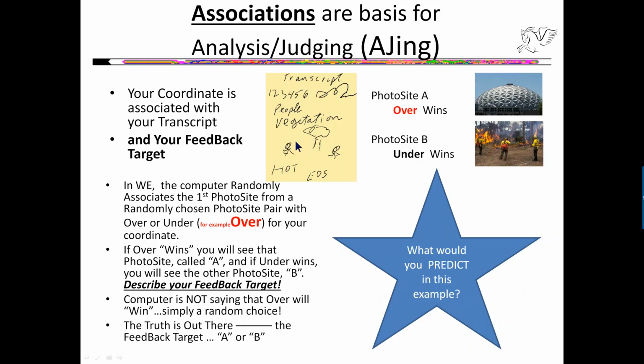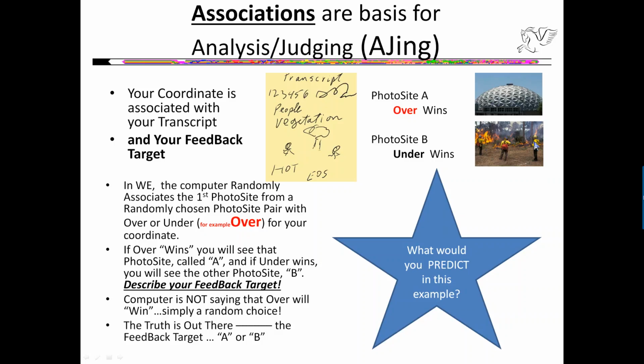Just like this transcript matched this one, if you had a second transcript, which is 654,321, a different number, if everything went the way you wanted it, that one would show up as feedback with this picture.